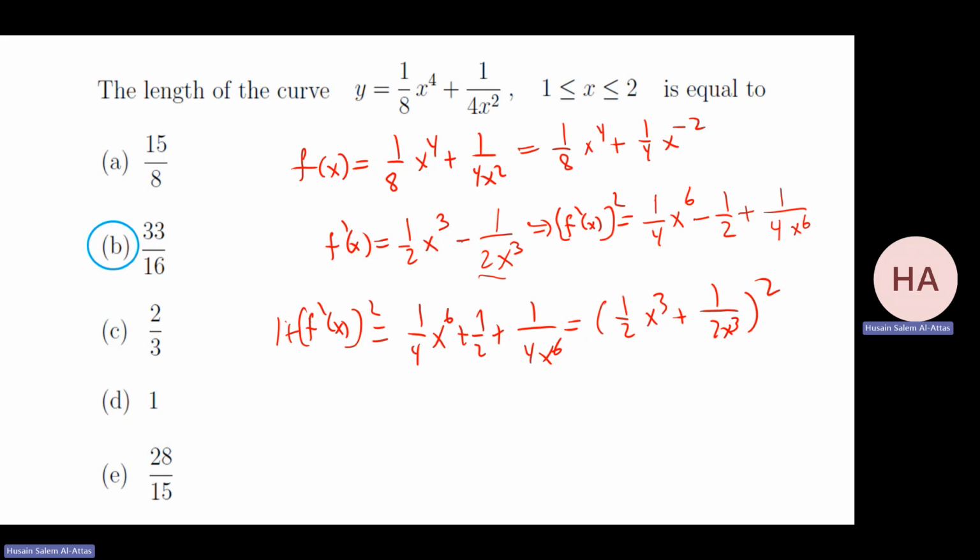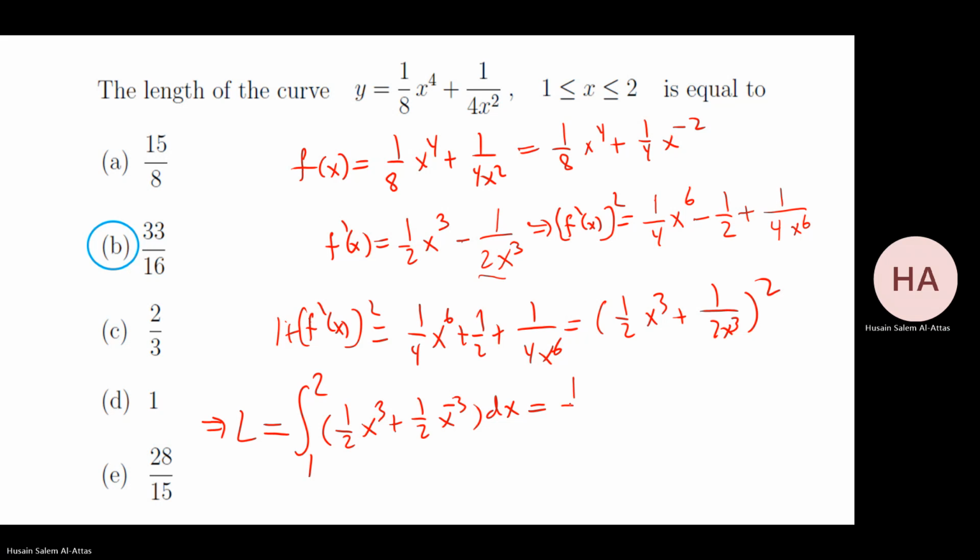Okay. So L will be the integral from 1 to 2, square root of this, I take out the square, 1 over 2, x to the power minus 3 dx. That gives me what? 1 over 2, x to the power 4 over 4, okay, plus half, minus it will be.